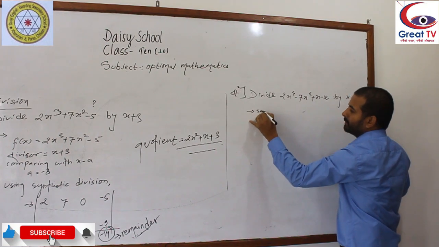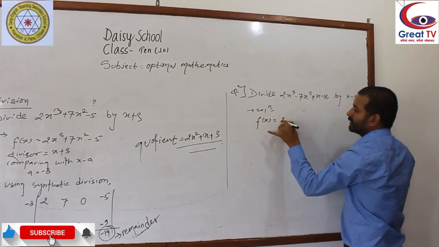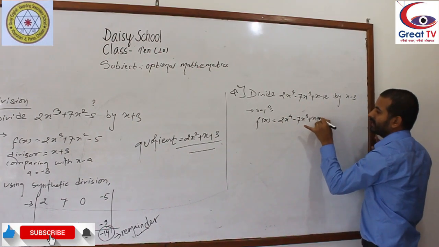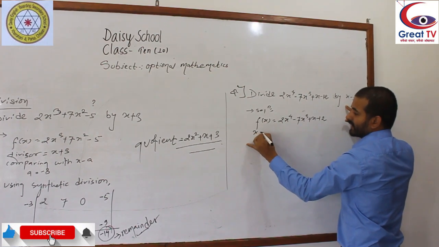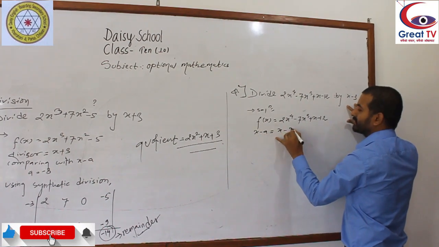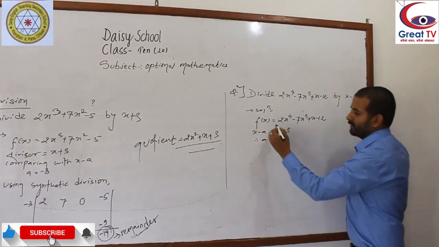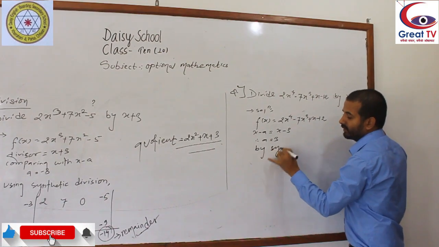Solution: f(x) equals 2x to the fourth minus 7x cubed plus x minus 12, and the divisor binomial term x minus a equals x minus 3. Therefore a equals 3 this time. Now let's find the remainder and quotient very easily using the synthetic method.